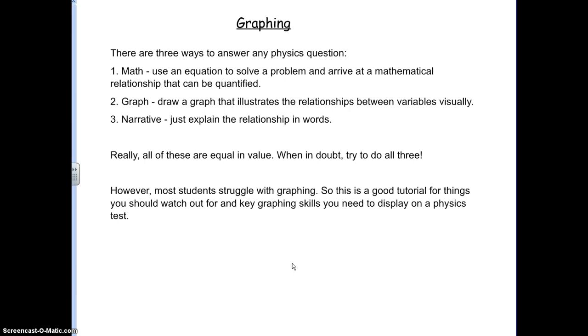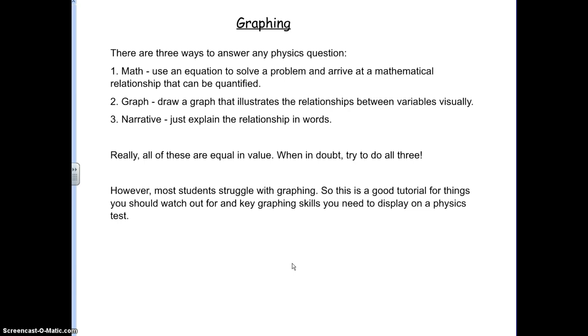We could show that physics equation to people in different countries and they would understand the physics of what we were trying to explain, because math is a pretty universal language. It's also the easiest and least time consuming for you to put together, and least time consuming for me to understand, to quickly look at and see if you understand the physics of a situation. So one way we can answer a physics question is with math.